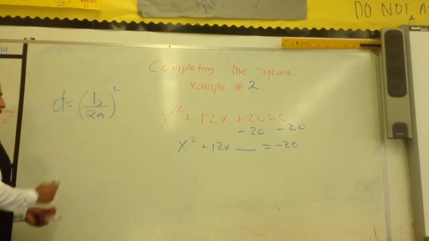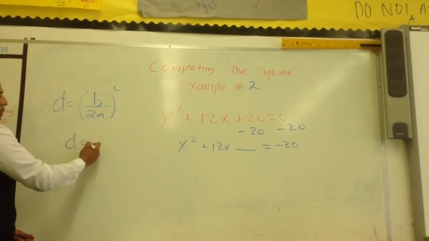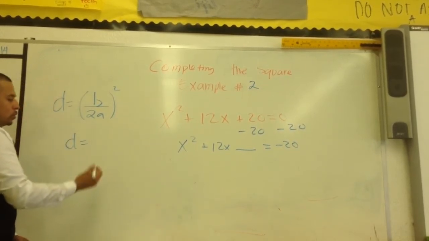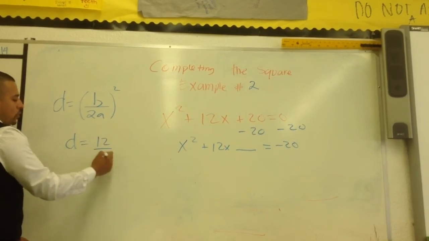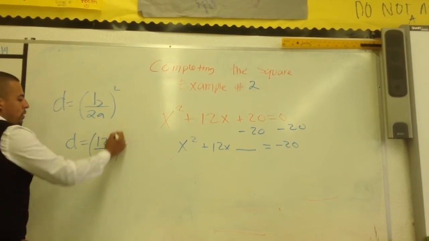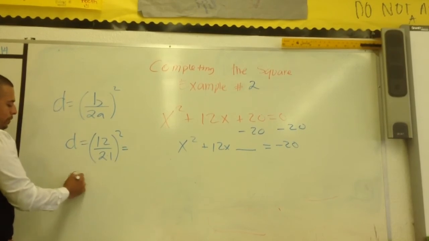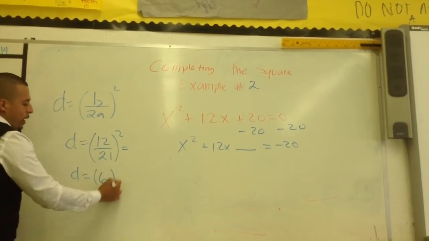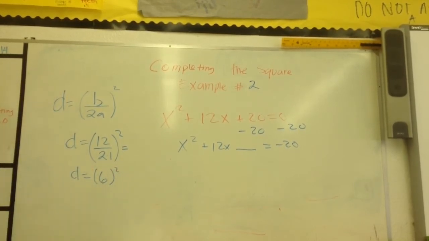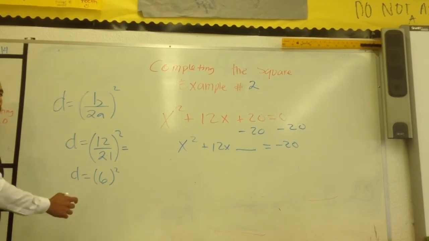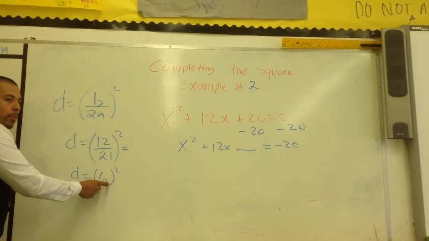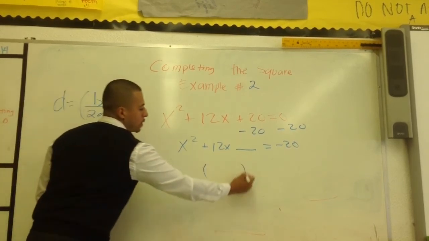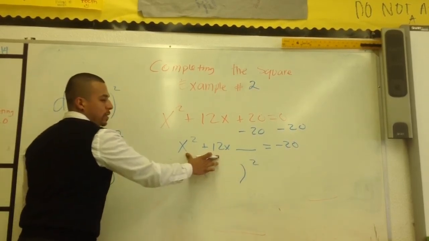I'm going to go ahead and say that my D is what number? My B is 12. Then I divide it by 2, multiply it times 1. 6 squared. So this is really 6 squared. Here's a little hint: before you square it, you can already start thinking, this is the number that I'm going to use anyway when I change this to this.